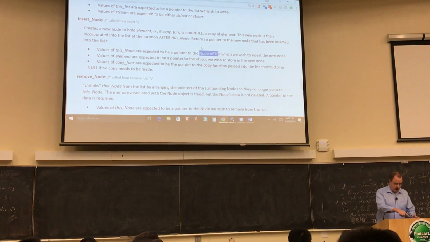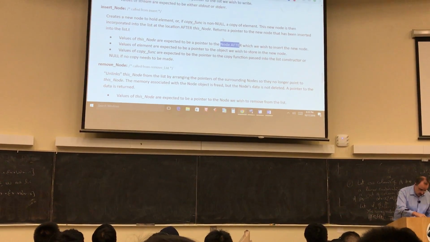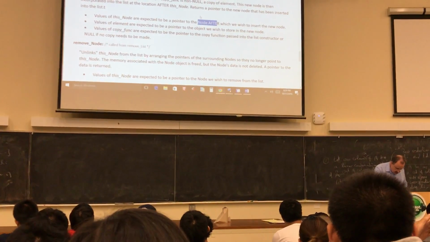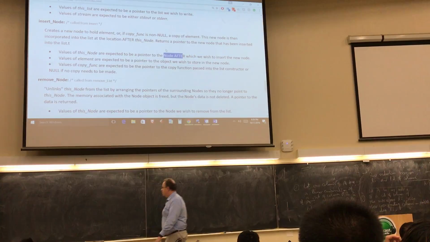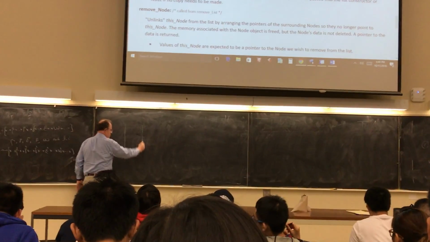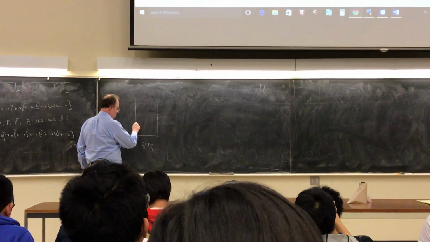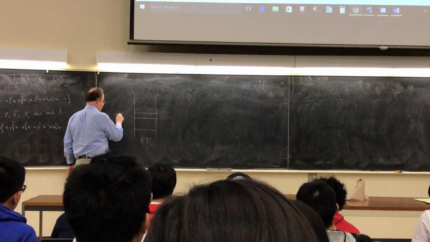So why don't we draw some pictures on the board and then write some code. We're running out of time. Okay, so let's start here. Here's your runtime stack. You've got this node is one of your parameters.